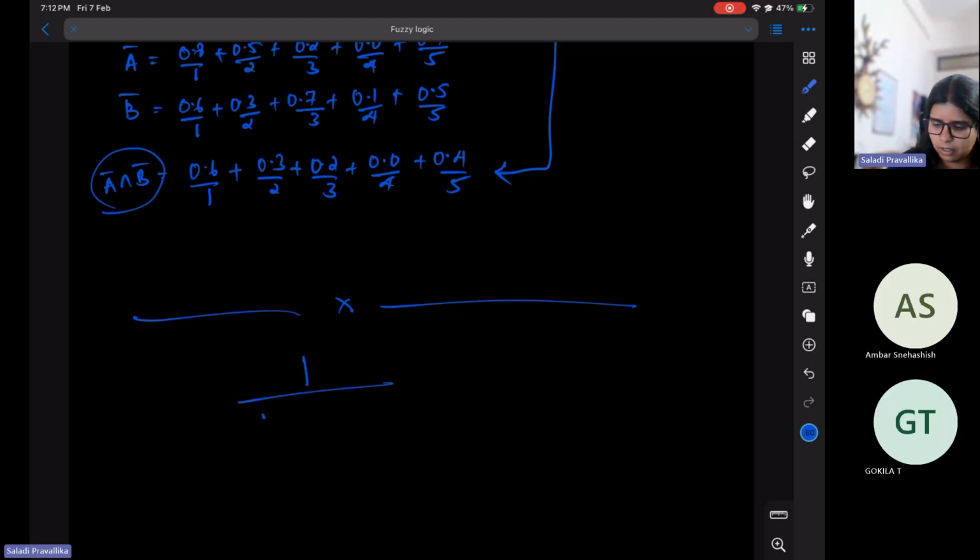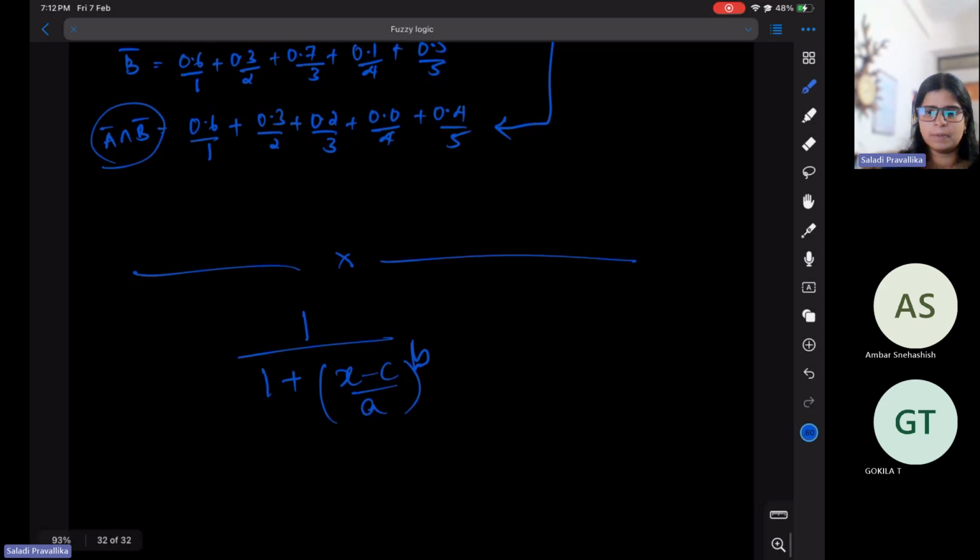It's 1 by 1 plus x minus c by a whole power b. I believe this is the membership function. Snehashish, just help me out here. I hope this is the right one. I'm really bad with formulas and all of that at some points.